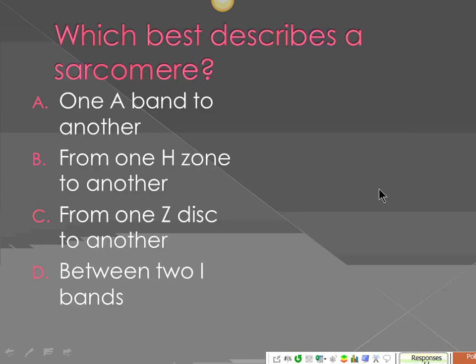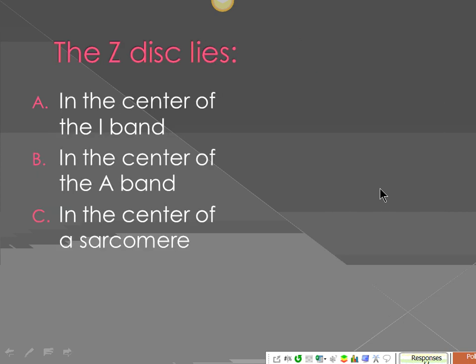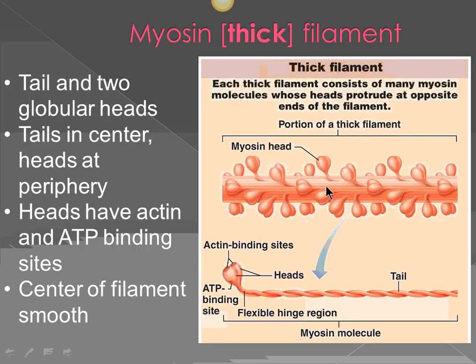So each molecule has a tail and two heads. Many molecules together, you can see many heads, and that's what constitutes a thick filament.